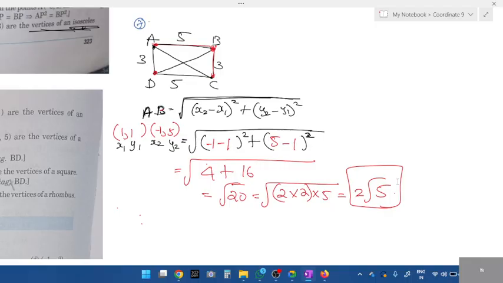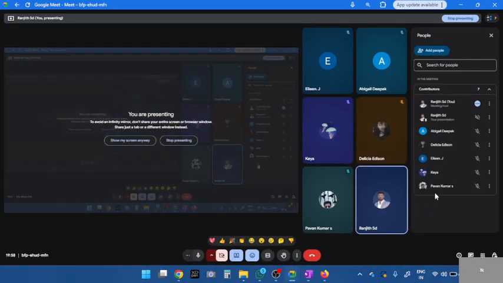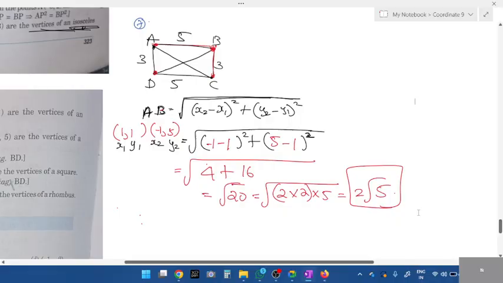Others completed? Okay, for AB it is 2 root 5 students, 2 root 5.